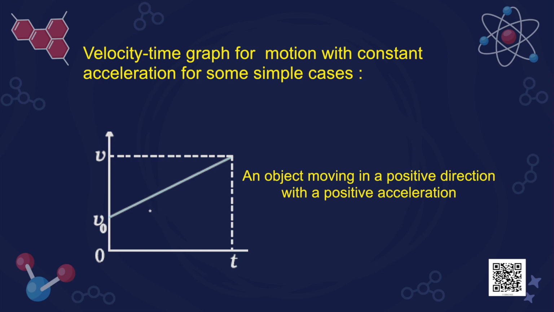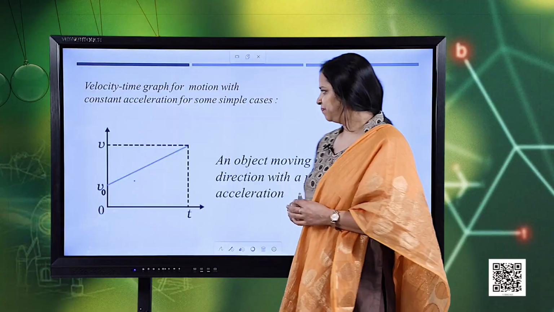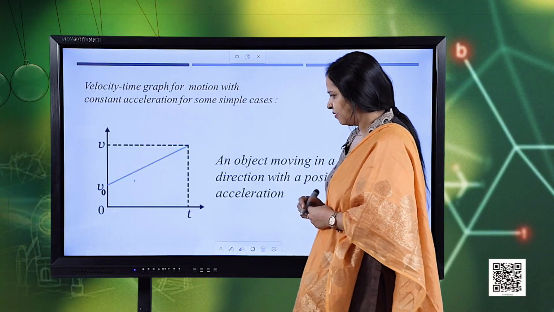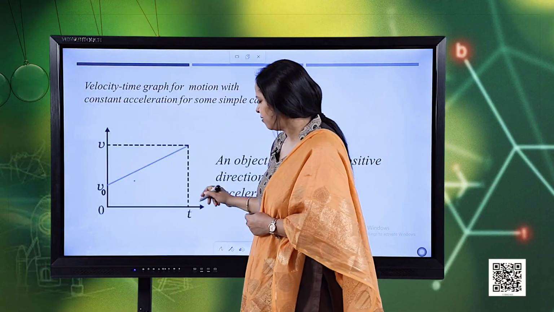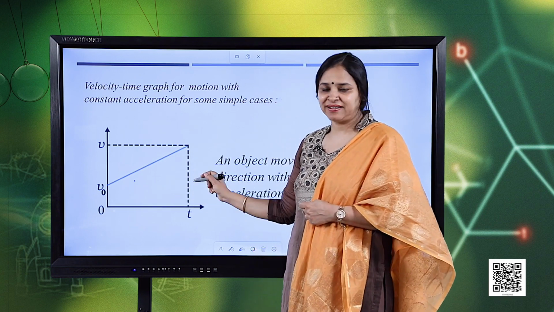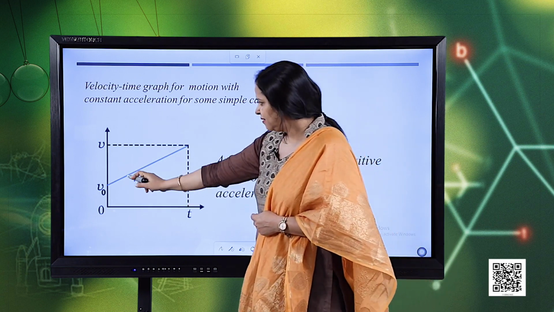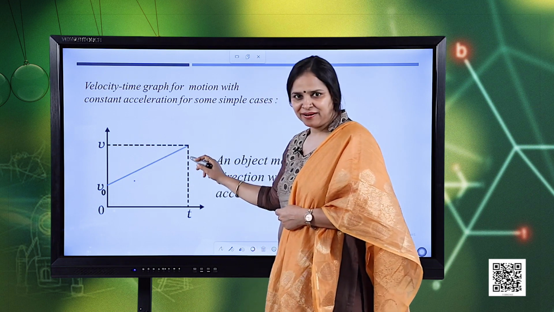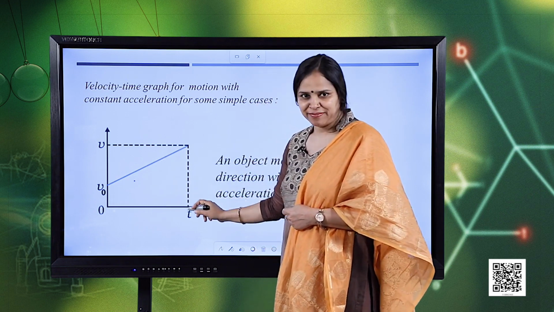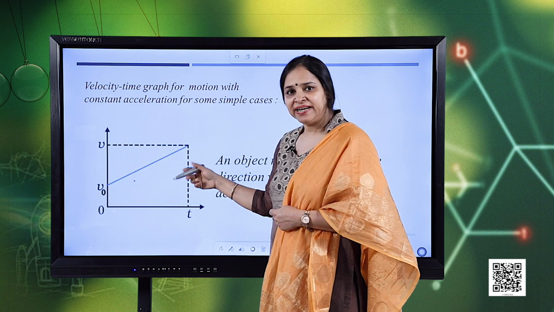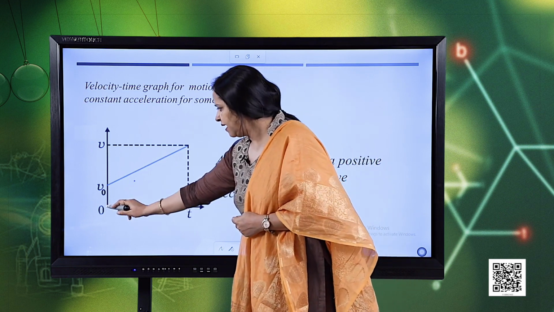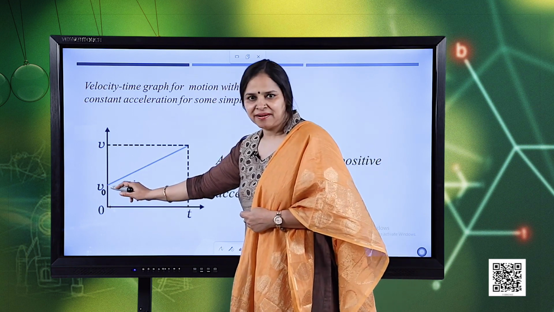Now, let us consider some velocity time graphs for constant acceleration. So, look at this graph. It is a velocity time graph, and what does this graph represent? Here, this is a straight line graph inclined to the time axis. So, how do we read this graph? At time 0, there is some velocity.